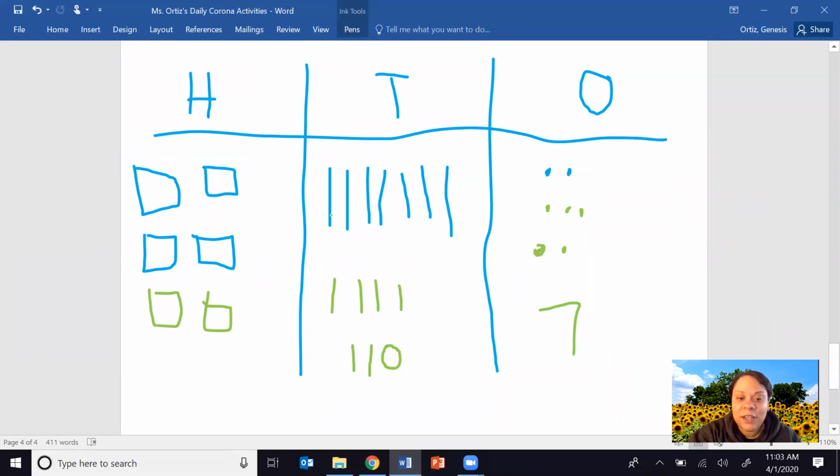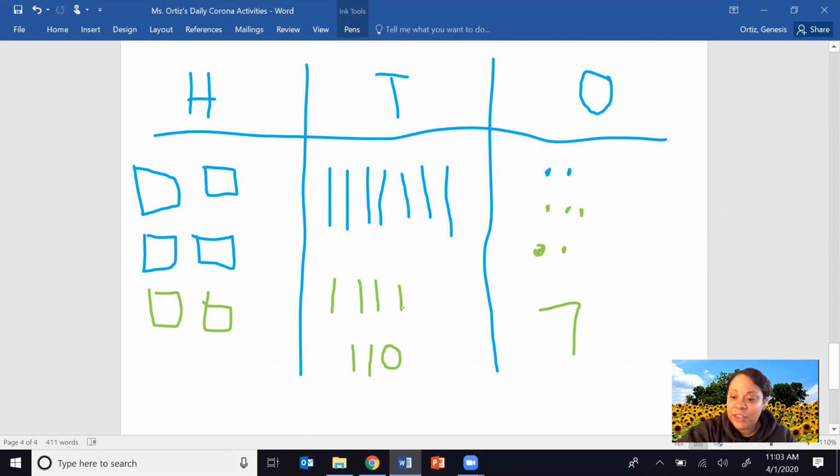Well, that's because when I count my tens, I have 1, 2, 3, 4, 5, 6, 7, 8, 9, 10, 11 tens, which is the same as 110. Or if it makes it easier when you're doing your partial sums, just count it by tens. 10, 20, 30, 40, 50, 60, 70, 80, 90, 100, 110.